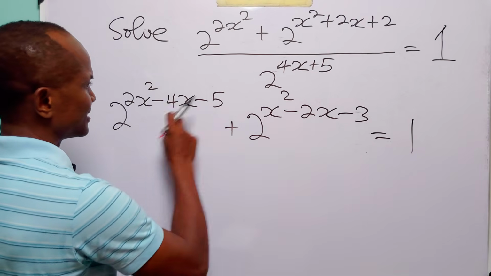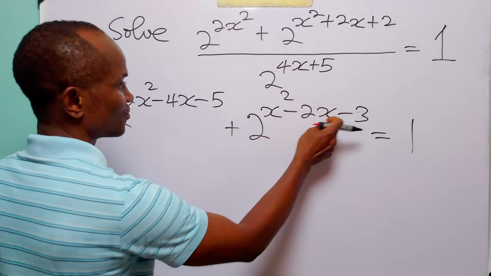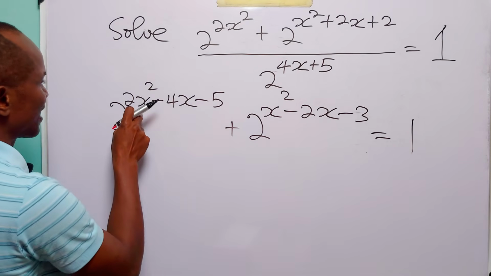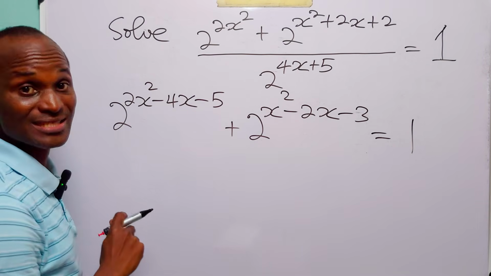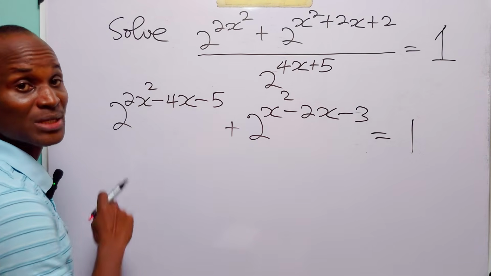Now, let us look at these two exponents. Here we have x squared minus 2x minus 3, and here we have 2x squared minus 4x minus 5. Of course, you see that we have a common factor between these two.